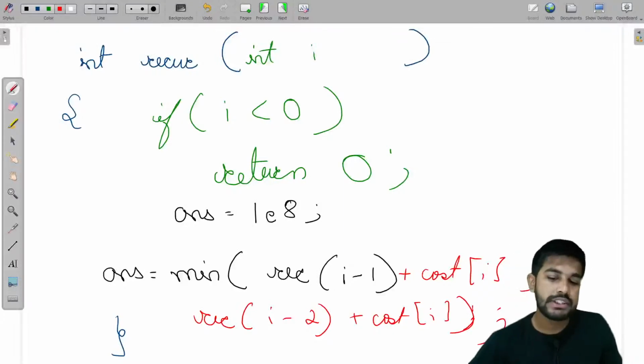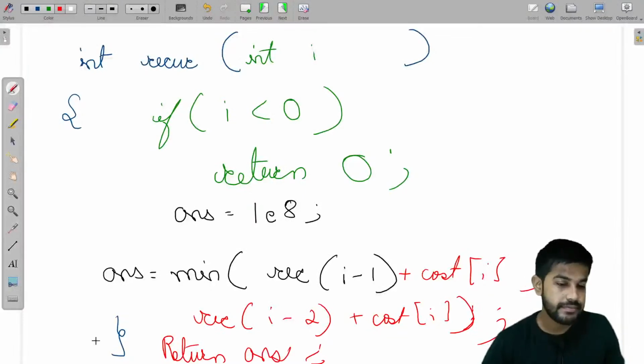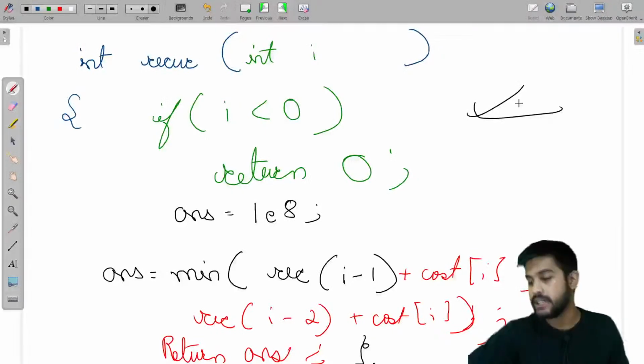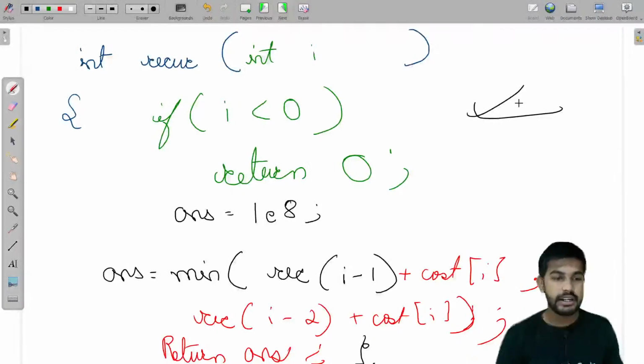Am I clear with this or not? And at the end we would be returning answer itself. Let me remove this and put it here. So am I clear with this or not? This is the most important thing in the whole question, that you are able to write the recursive thing.